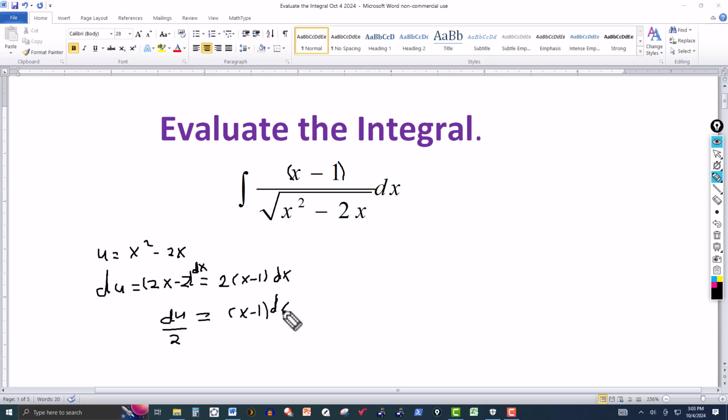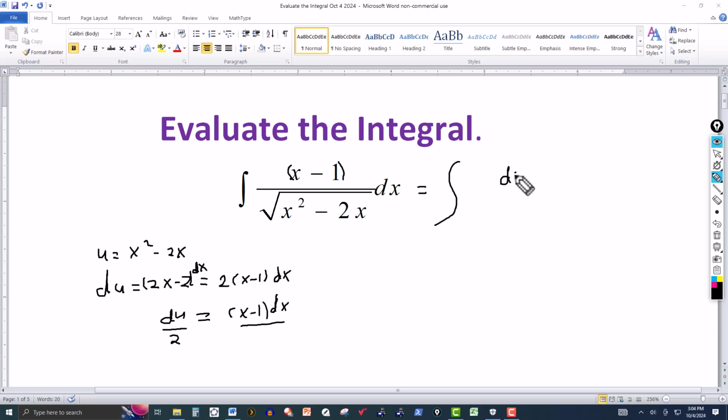So the objective here then is to transform this integral into one involving the variable u instead of x, and then doing the integration using the basic formulas that we can use. And then at the end, once you've done the integration in terms of u, you go back to the original variable. So for this one then, this becomes the integral of, and again, the x minus 1 dx right here is replaced by du.